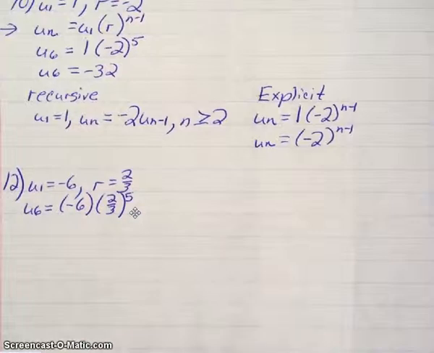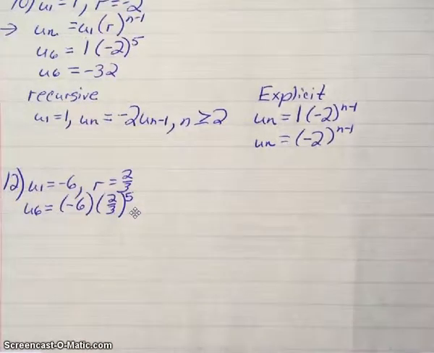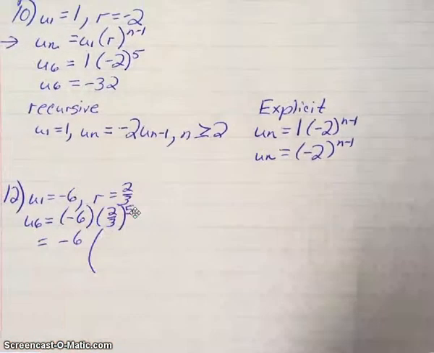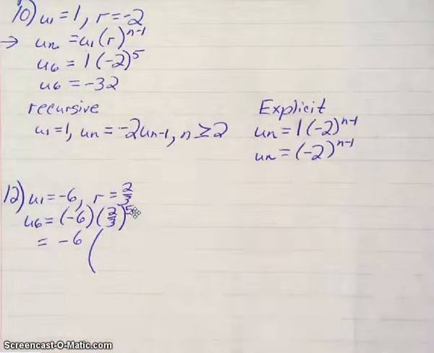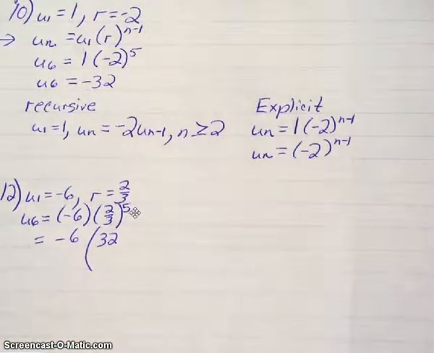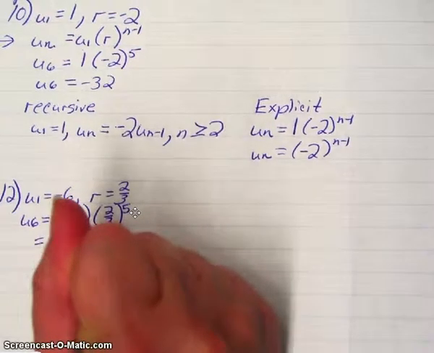We're talking about the 6th term, we need the power of 5. So this is equal to negative 6. Now I'm going to raise top and bottom of 2/3 to the power of 5, remembering that your teacher will not accept the decimal. So 2 to the power of 5 is 32. I have that memorized. How about 3 to the power of 5? That's 243.